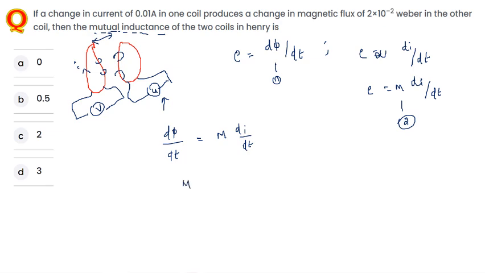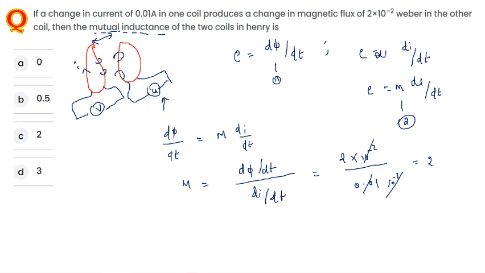So M is equal to dφ by dt whole divided by di by dt. They have given the changing flux as 2 into 10 power minus 2, and the changing current as 0.01, which is nothing but 10 power minus 2, so both will cancel. So the mutual inductance is 2 Henry. So that is the answer in this case.